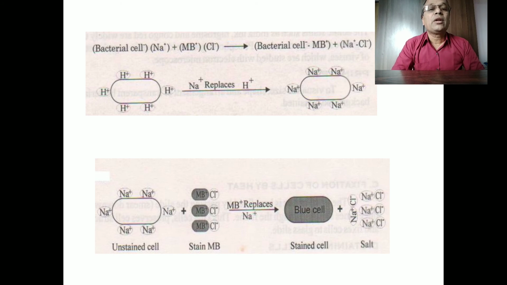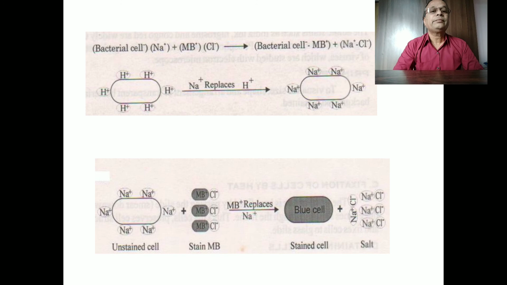I have shown a rod shaped cell. It has H plus ions, as we have seen. When cells are suspended in saline, the H ions will be replaced by Na, so now the cell surface will have Na plus. When such an unstained cell is treated with the stain methylene blue chloride, Mb plus Cl minus, Na plus on the unstained cell will be replaced by Mb plus, as a result of which cells will appear blue.